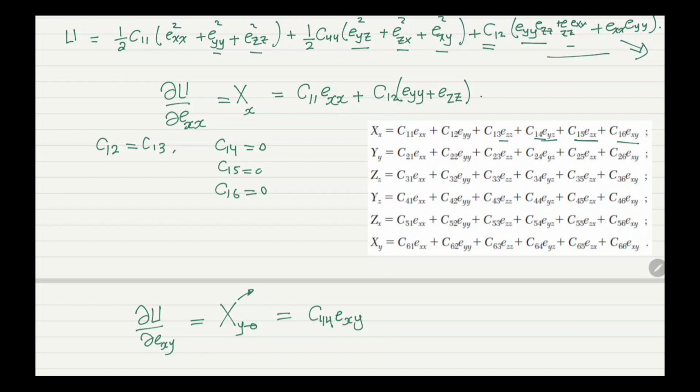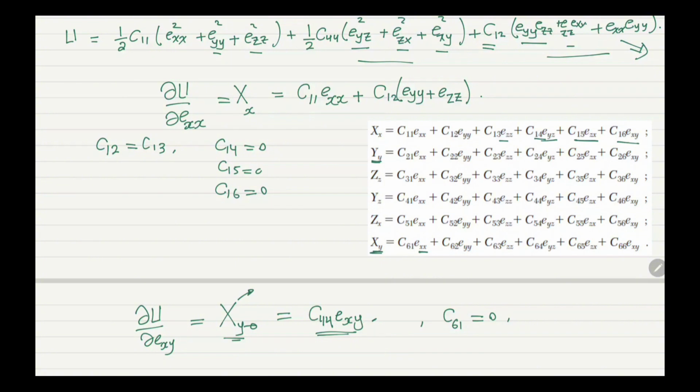Now by comparing this with XY, you will find there is no XX here, so C61 equals 0, and there is no YY in this one here.